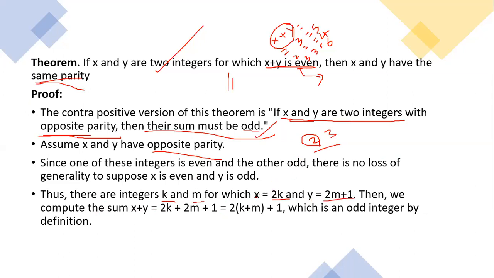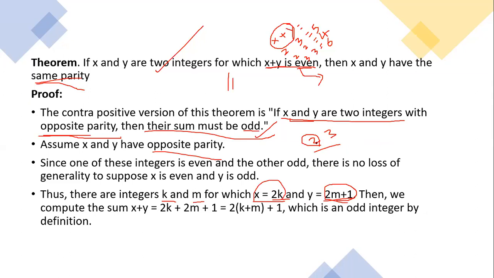Why am I representing it like this? We have two terms, x and y, and I have to go with opposite parity. That means one is even, one is odd. So I mention 2k for the even value, and 2m plus 1 for the odd value.